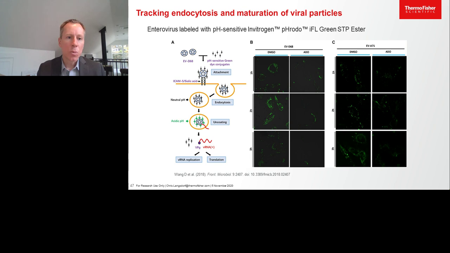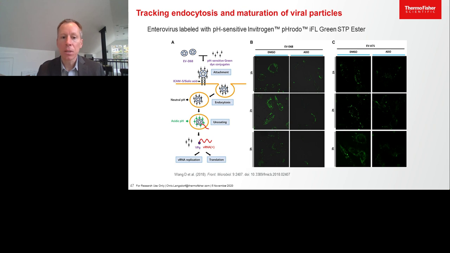And so in one example, if we take enterovirus and label it with a pH-sensitive dye called pHrodo iFL Green, the STP ester is an amine-reactive version of this dye. If we label a virus with this dye, it will be non-fluorescent outside a cell, but it will become very brightly fluorescent as it's endocytosed and as it progresses along that endocytic pathway.